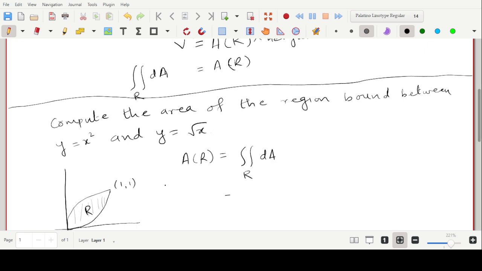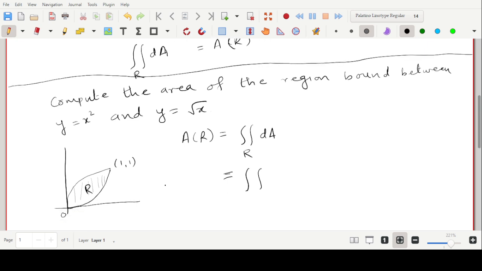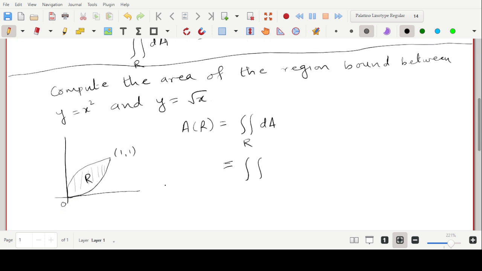But how do we compute this, rather how would we determine the limits of integration for the iterated integral for this region R?